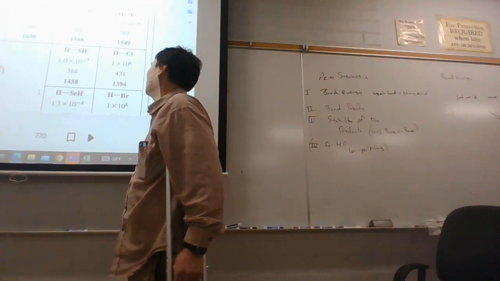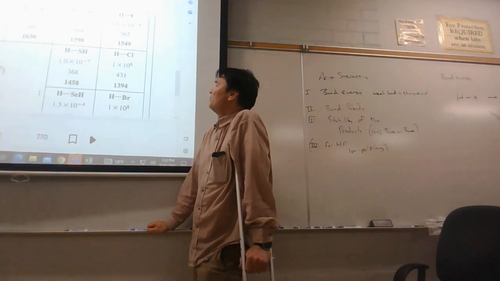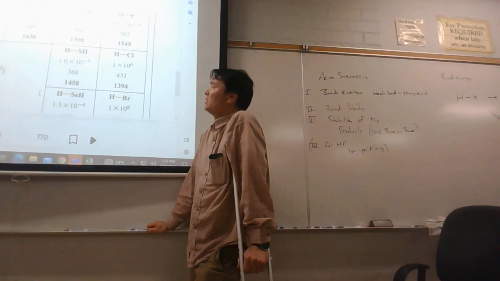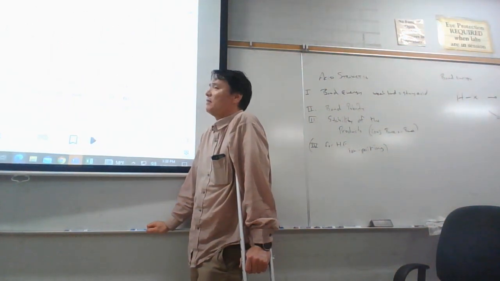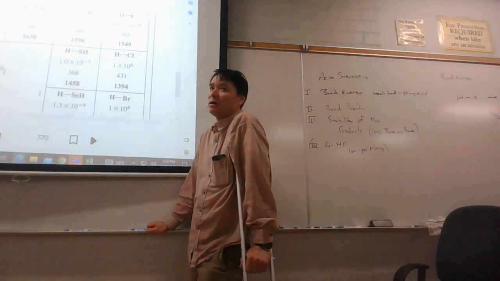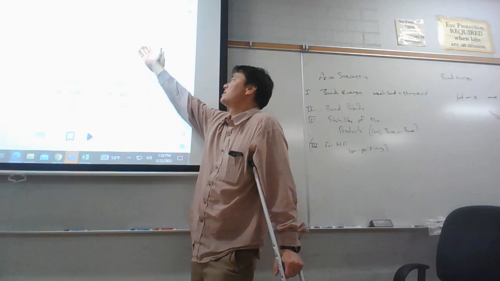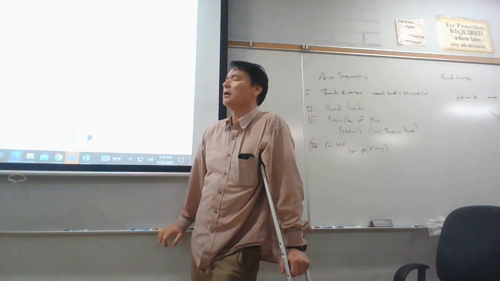But the situation is this. If HF is 10 billion times weaker, then does that mean HF has a bond that's 10 billion times stronger? It makes sense. If this is 10 billion times weaker, it must have a 10 billion times stronger bond.